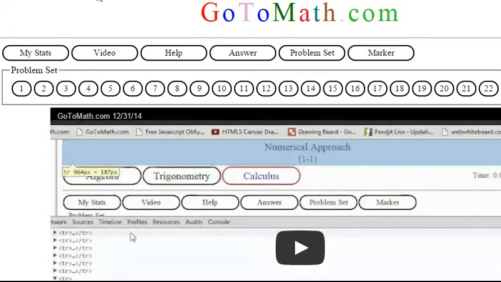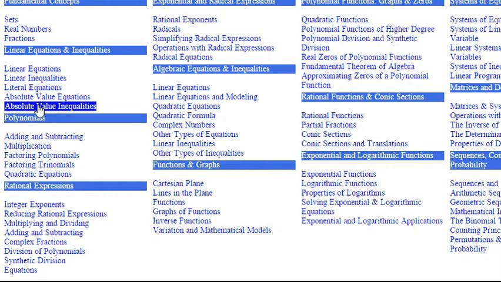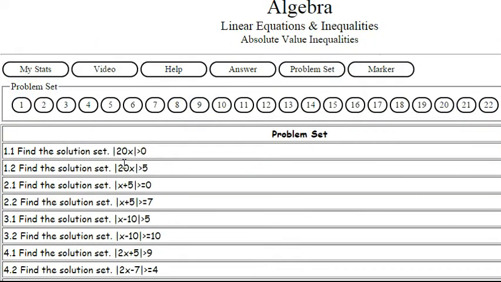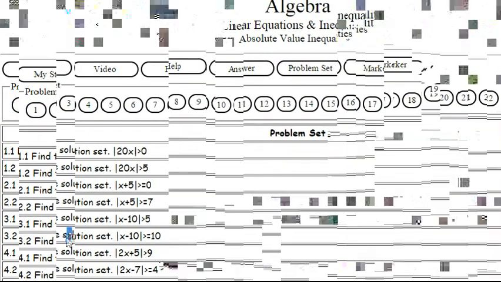Okay, we're over here at gotomath.com working some algebra. Let's go down to absolute value inequalities, and we're looking at 3.2. Find the solution set, write in interval notation. Alright, so we got the absolute value of x minus 9 is greater than or equal to 31.